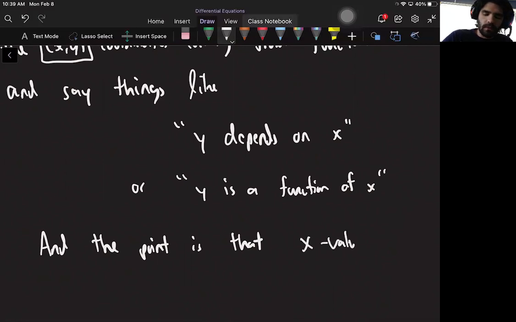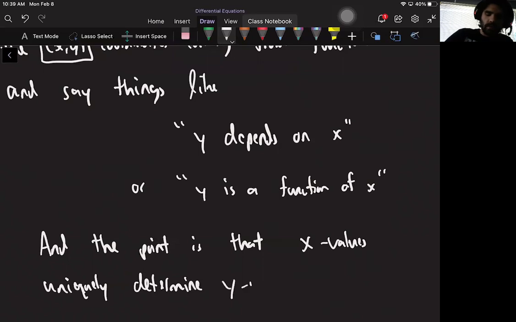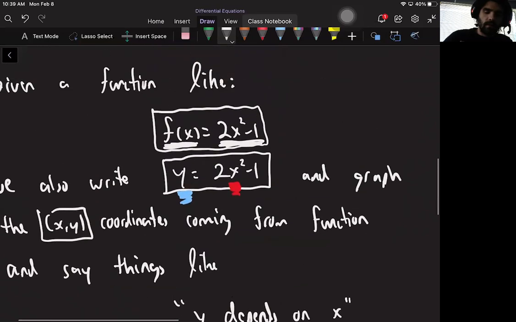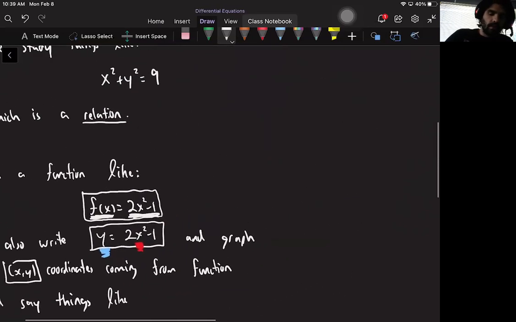So x values uniquely determine y values.